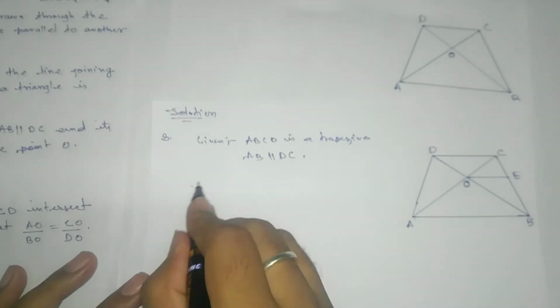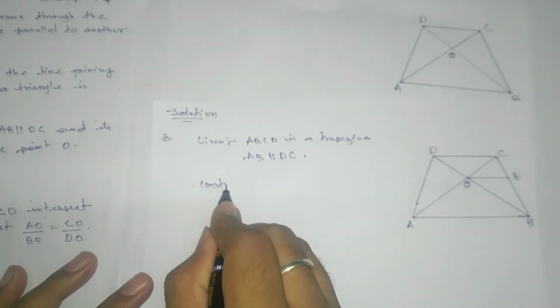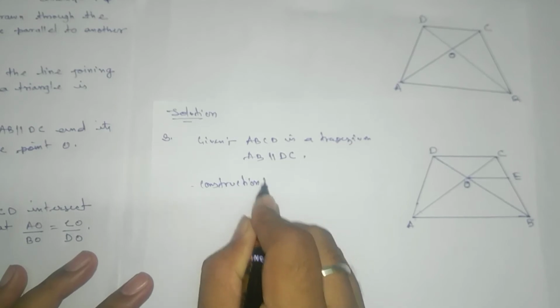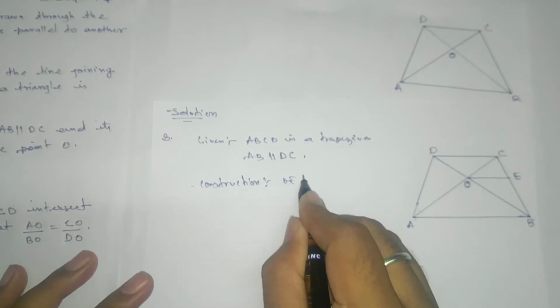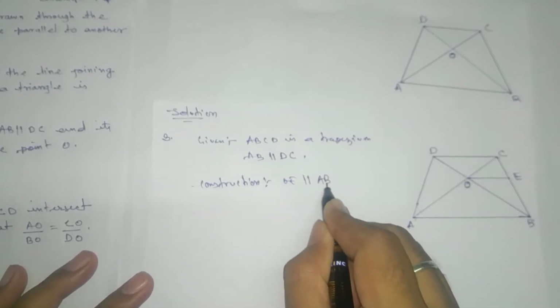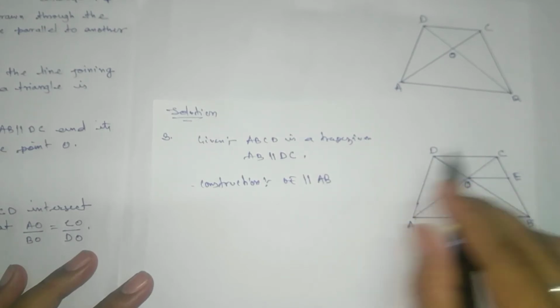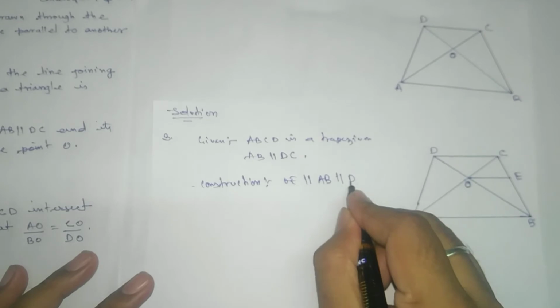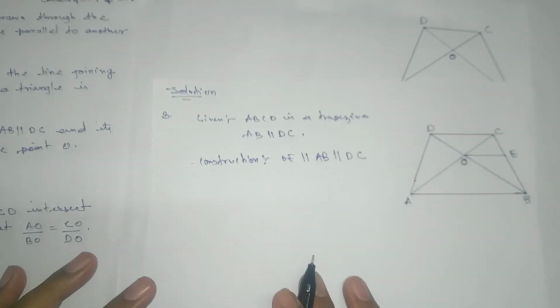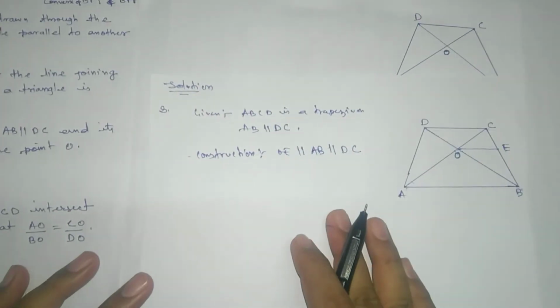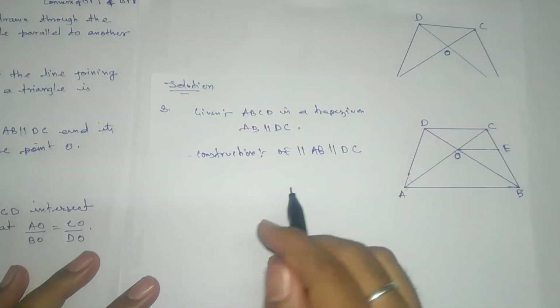This is given. In construction, we'll mention here OE parallel to AB, and AB is already parallel to DC, so we can write here OE parallel to DC. This is our construction part.